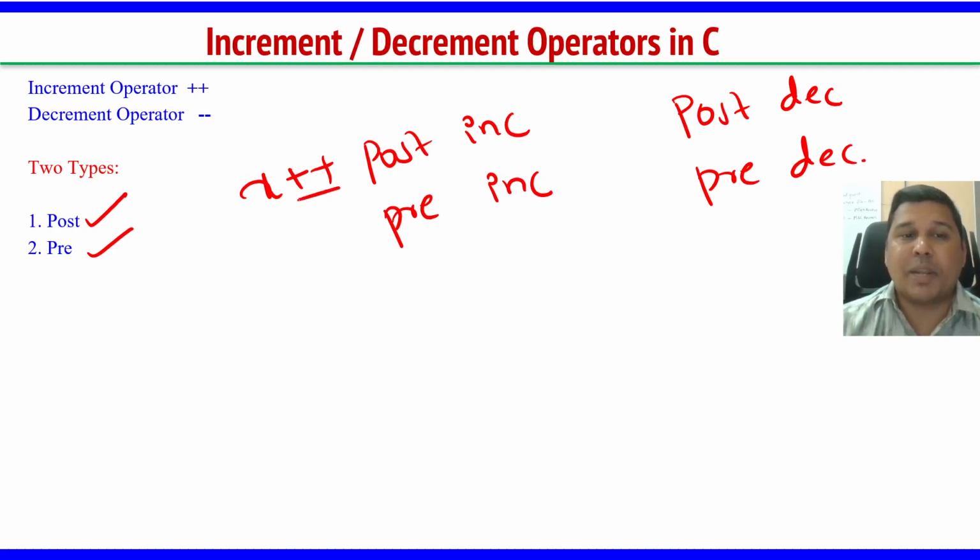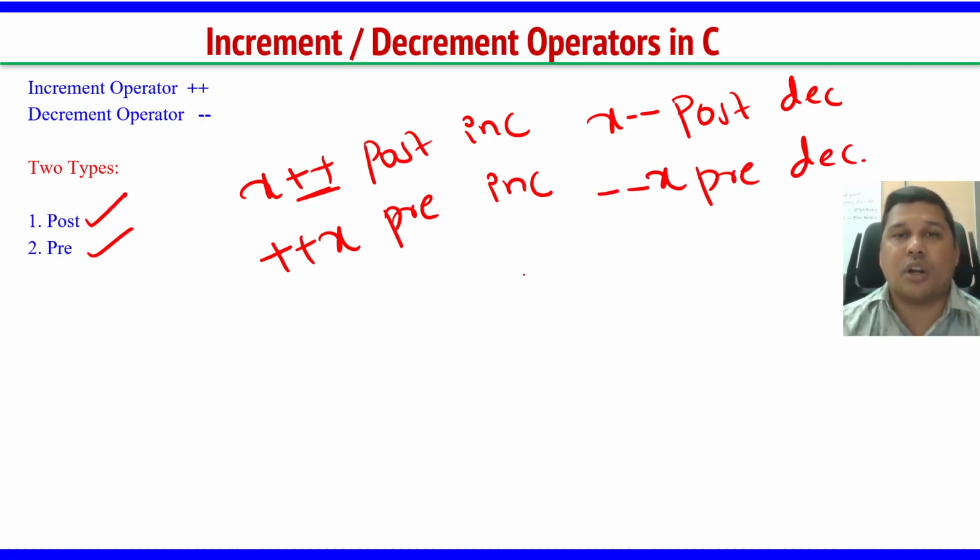So I am including the plus plus symbol after x. Pre increment means you include it before, so it is plus plus x. In the same way, post decrement means x minus minus, and pre decrement means minus minus x. So we have two flavors here, post and pre.